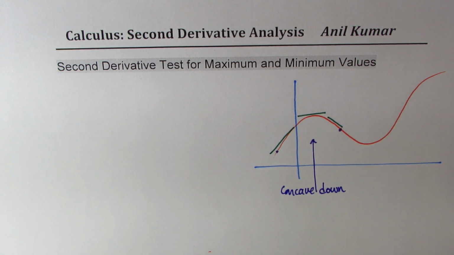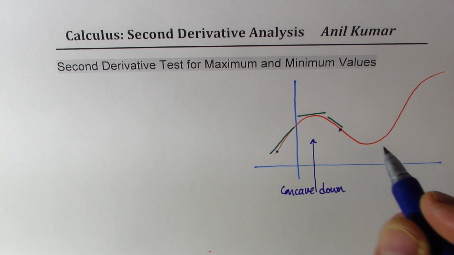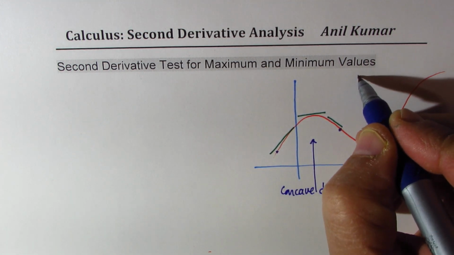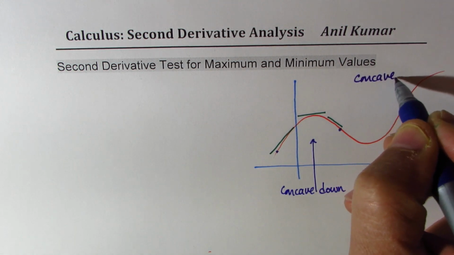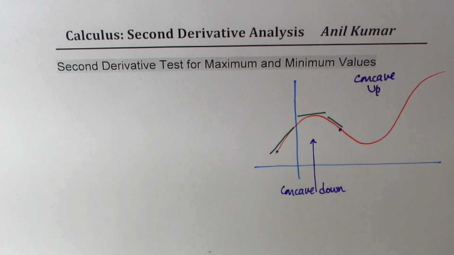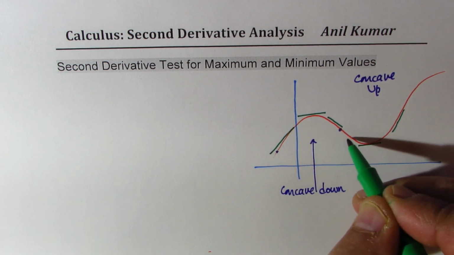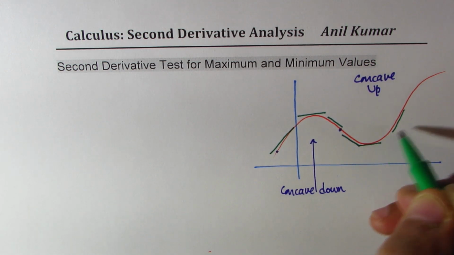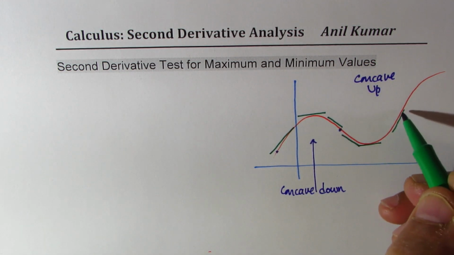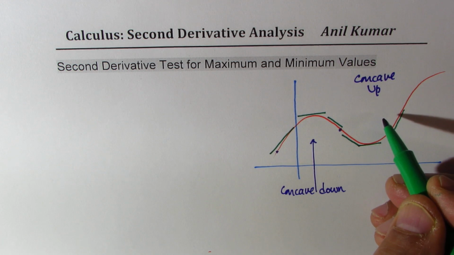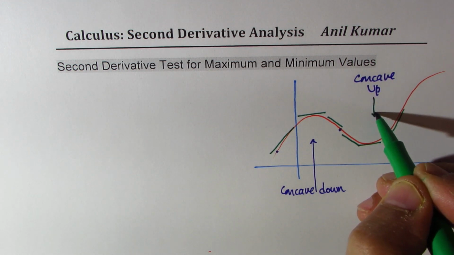Do you see that? On the other hand, we have a portion where it is concave up. Now, in this portion, if I draw a tangent line, the graph is above. I'm purposely keeping the lines away. You can clearly see that the graph is above the tangent line. Correct?